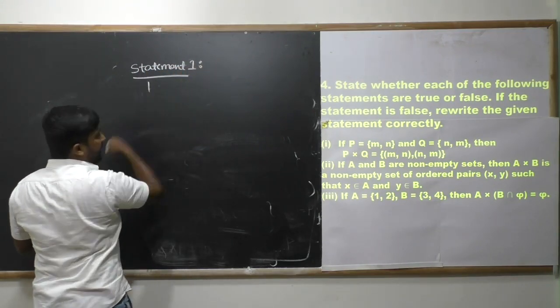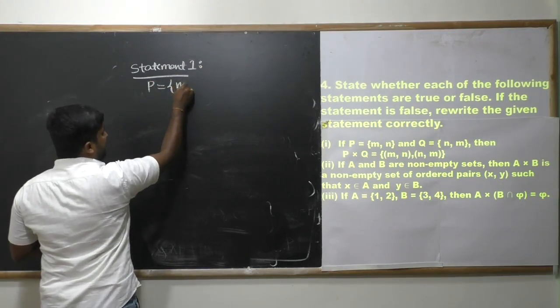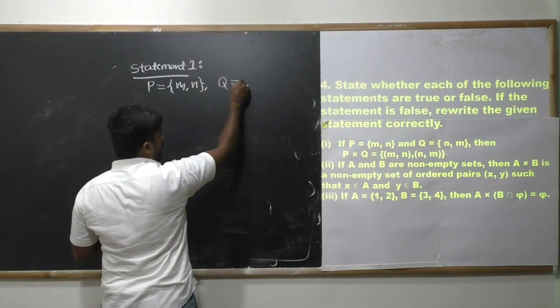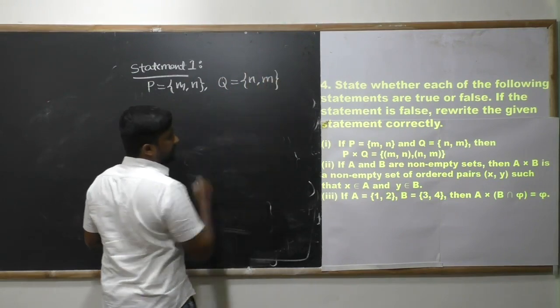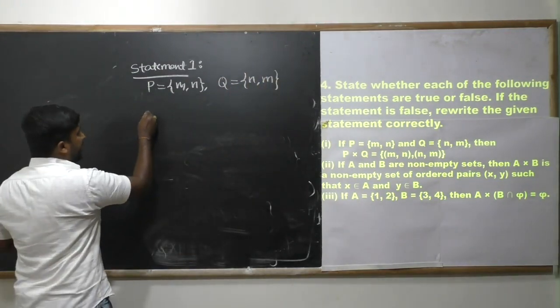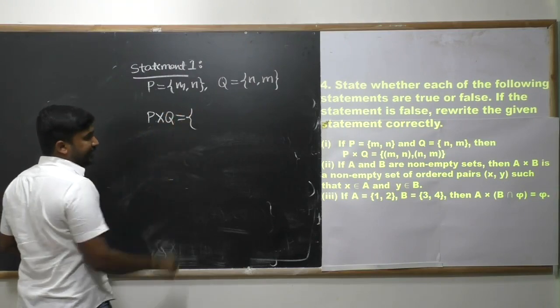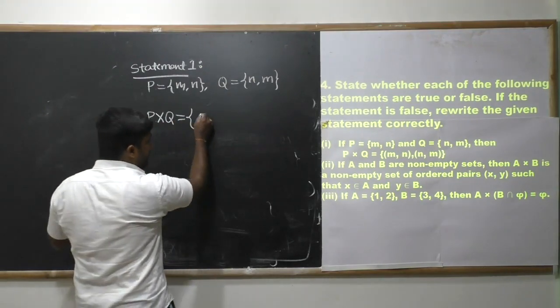If set P is equal to the set with elements m, n, and Q is equal to the set with elements n, m, then P cross Q is equal to, what are the given elements of P cross Q in the question?